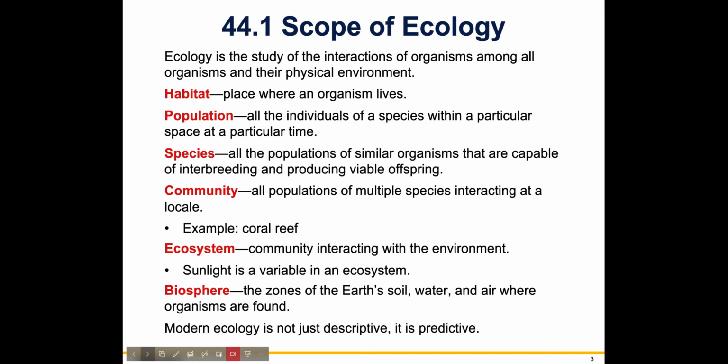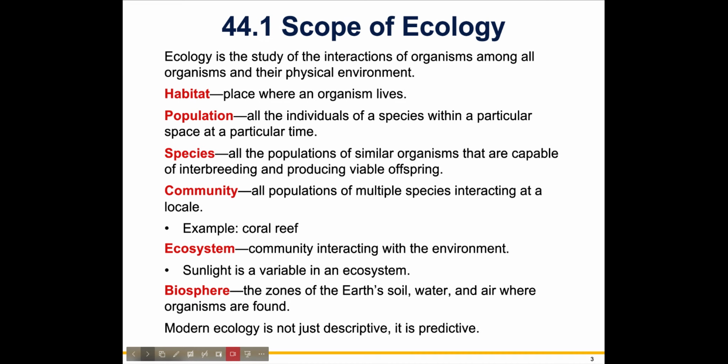And for a long time, people looked at ecology as this very descriptive type of science where an ecologist would just tell you what to expect in the environment.